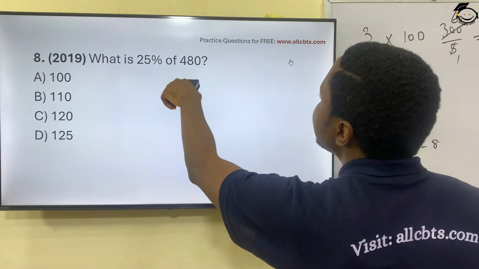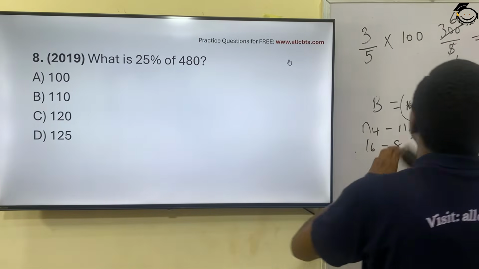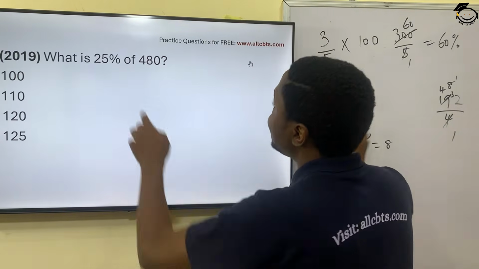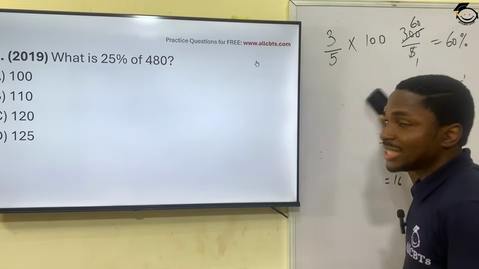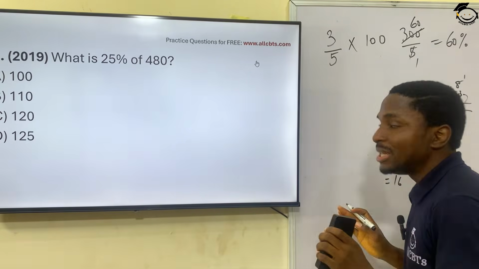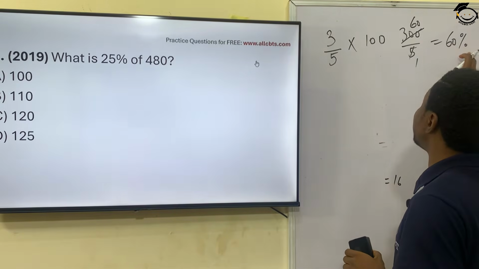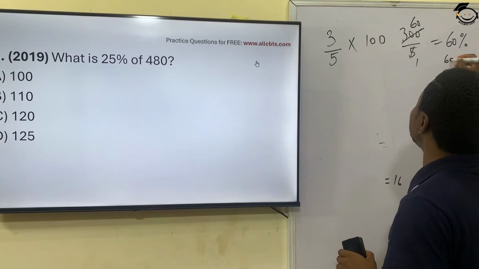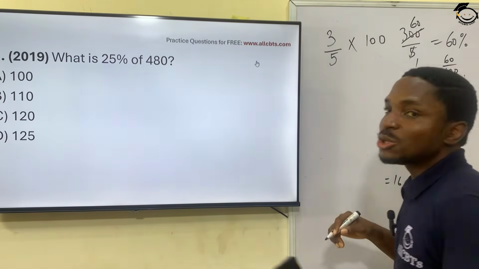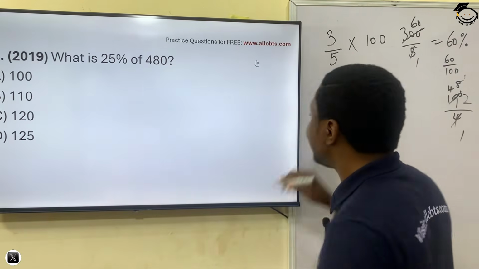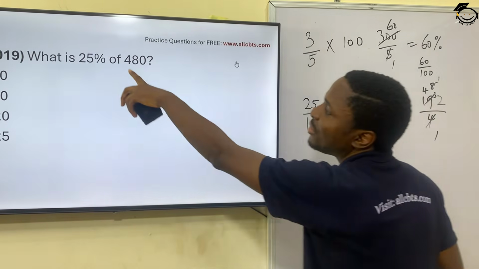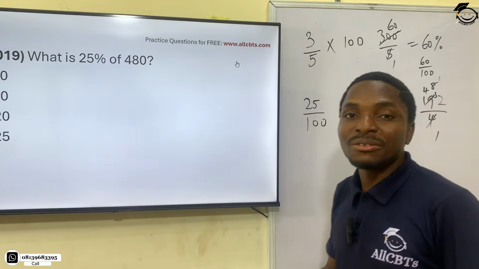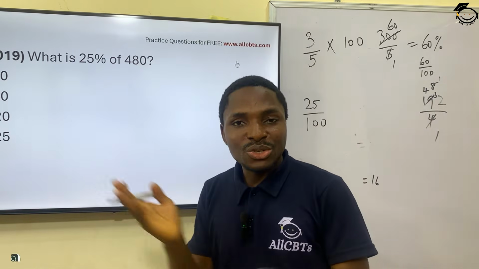Question 8 now. What is 25% of 480? Now, we already established that percent means 100. So 25% will simply mean, just like what I have here, 60% simply means 60 over 100, right? So 25% will simply mean 25 over 100. Now you see off again, which I said when you see off in mathematics, it simply means to multiply.